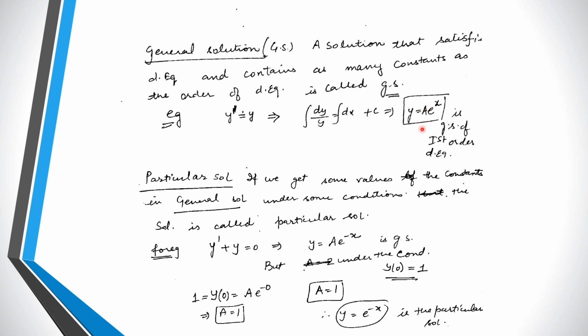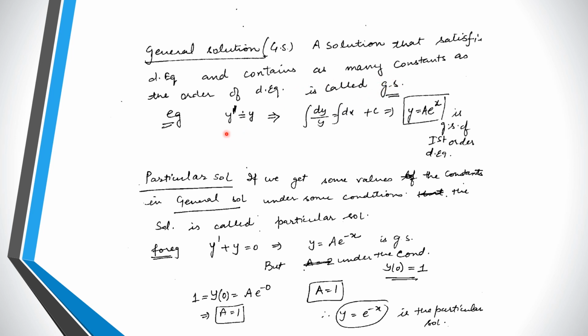Secondly, whatever the solution, it should satisfy the equation. A solution means a function of x which satisfies the differential equation, which is differentiable, and it should contain as many constants as the order of the differential equation. Then that solution is said to be the general solution, right?